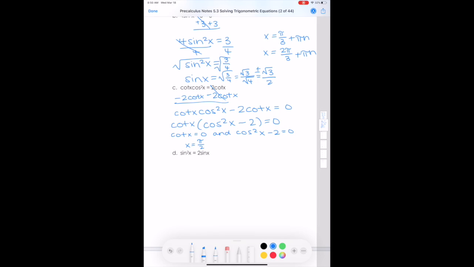So cotangent x equals 0 at pi over 2. And then cosine x equals plus or minus root 2, never. So that one's no solution. So we're just looking back at that x equals pi over 2 and adding that plus pi in because the period for cotangent is pi.